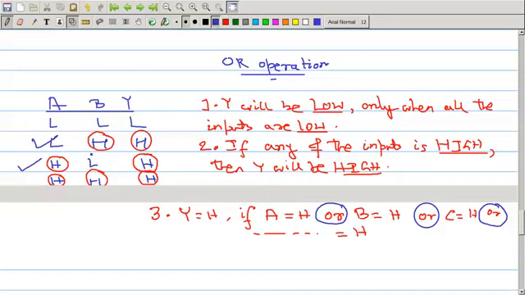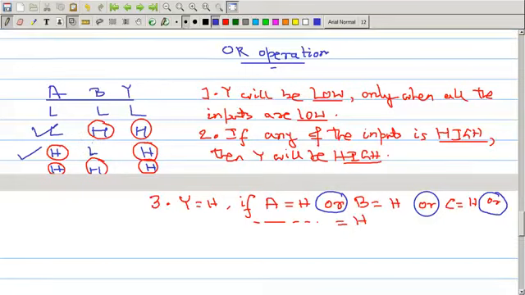In OR gates, if any one of them is high, you get high. But in the AND gate, if both A and B are high, you get high. So that is how you come to the conclusions about the nomenclature of the AND gate and your OR gates. These are a few preliminary expressions that we have been dealing with in this class.